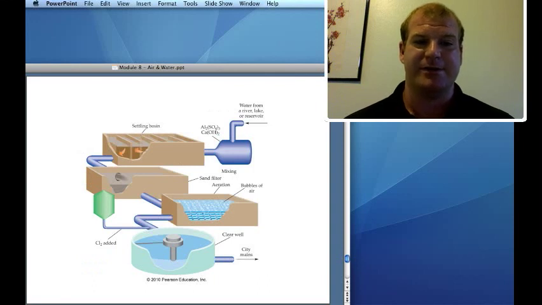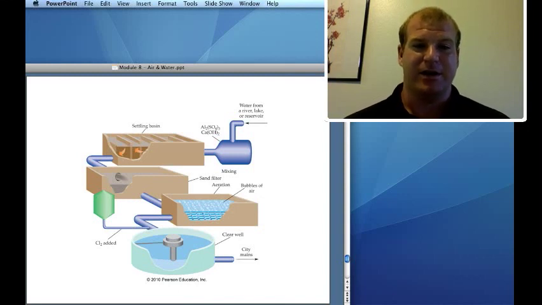And this here gives an example of how water purification works. This is not Hawaii, but other places. The water comes in, and then the flocculants are added to get the waste off the surface. Then this area is settling, to get rid of any particulate matter. Then it is sand filtered and aerated to make it taste better.